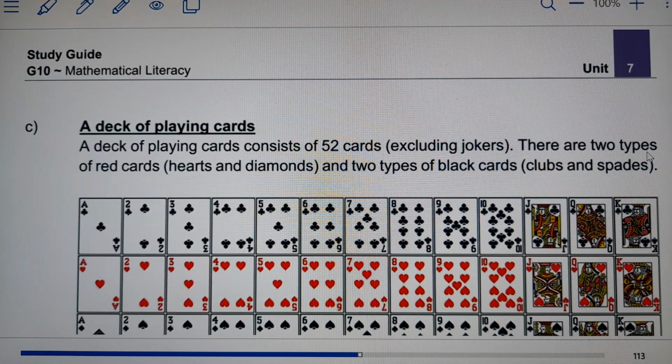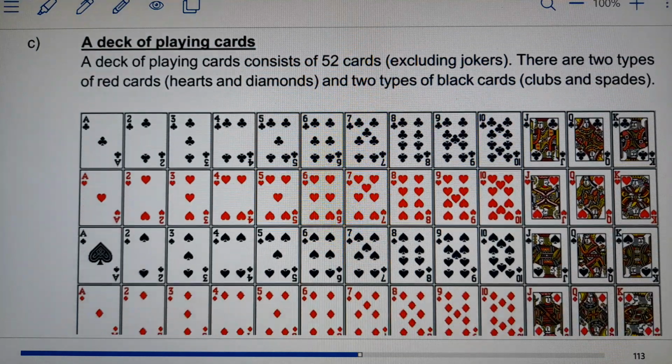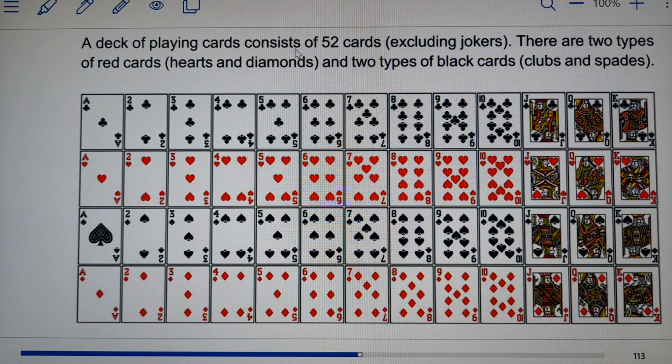Can we all see? Yes, I think we can all see. So a deck of cards has 52 cards. It's 1, 2, 3, 4, 5, 6, 7, 8, 9, 10, Jack, Queen, and King. So it's 13, am I right? So 13 times 4 gives us 52.